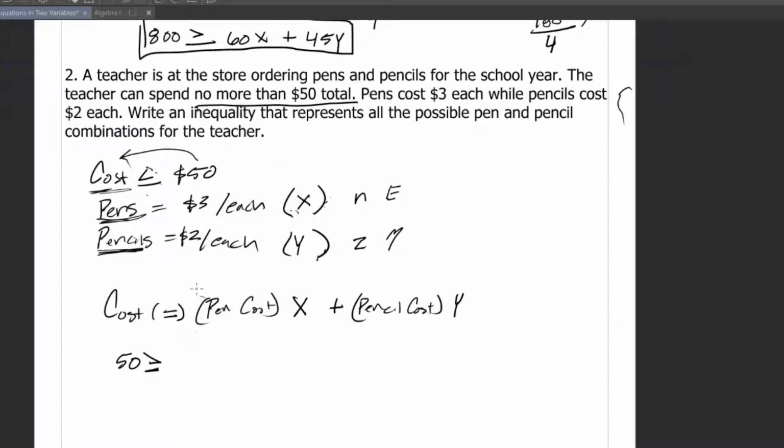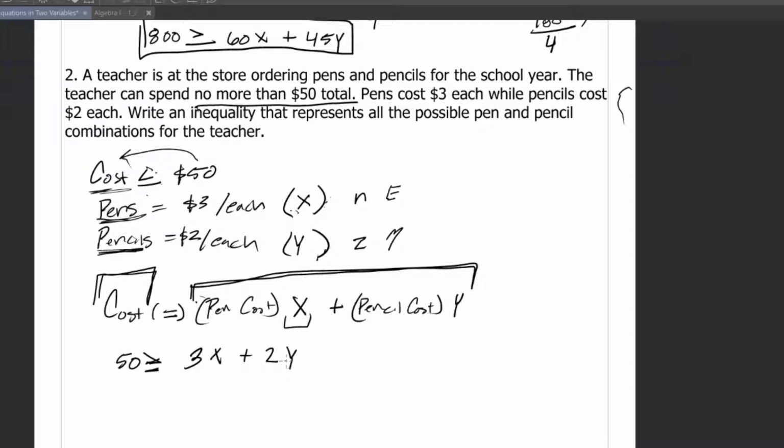And we have the equation of the total cost here, right? So we have 50 is greater than or equal to, your pen cost is going to be 3 times the amount of pens sold, X, plus pencils is going to be 2Y. Okay, and that is your equation there.